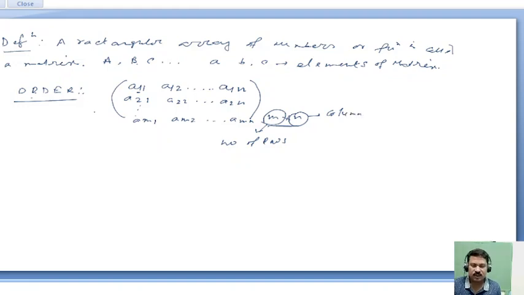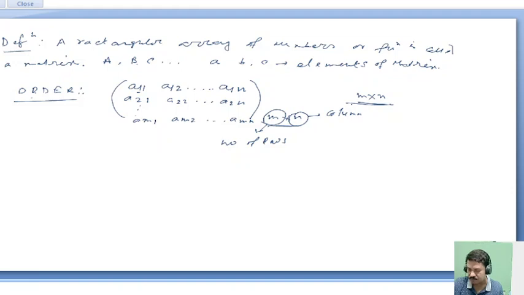So there are m cross n elements. This is called the order of the matrix.